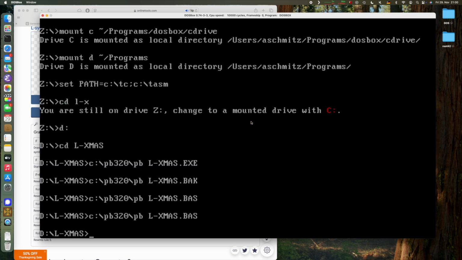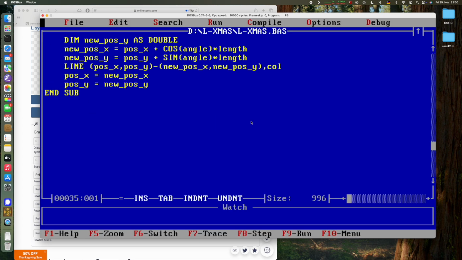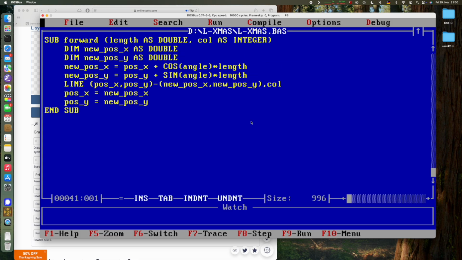Does this still compile? Oh, I accidentally quit. Yeah, still compiles. Perfect. That's very nice. This is still a complete program. The turn is as it was before, turn degrees as double.